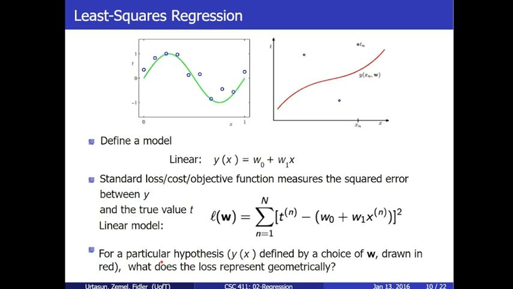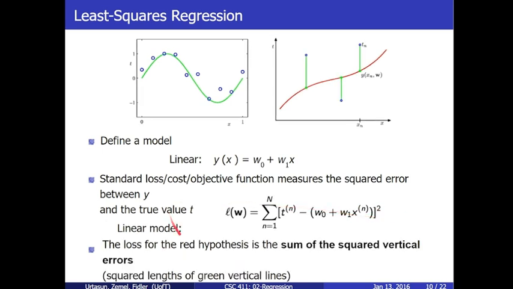So for a particular hypothesis, y of x defined by a choice of w drawn in red, what does this loss represent geometrically? These would be the squared lengths of the green vertical lines. As you can see on this graph to my right, we have x on the x-axis, t on the y-axis, and three points, represented by the blue circles.